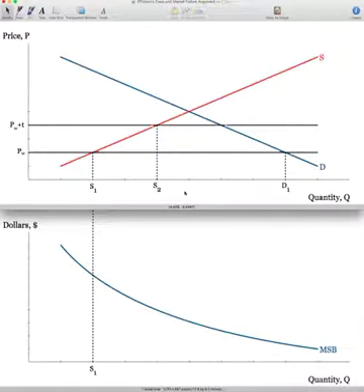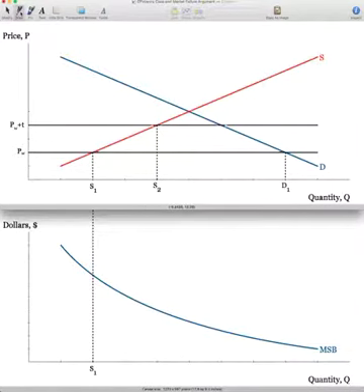So realize what's occurring here. The world price has increased because we have a world price plus the tariff. Domestic supply is going to increase because the domestic supply curve is upward sloping. So as the world price goes up, domestic supply is going to increase.